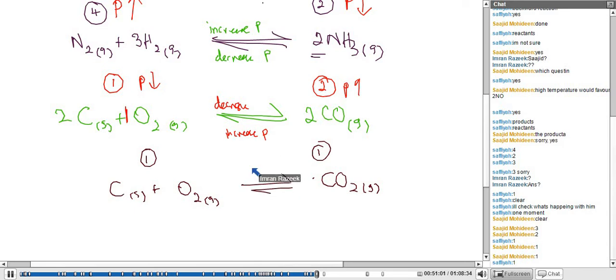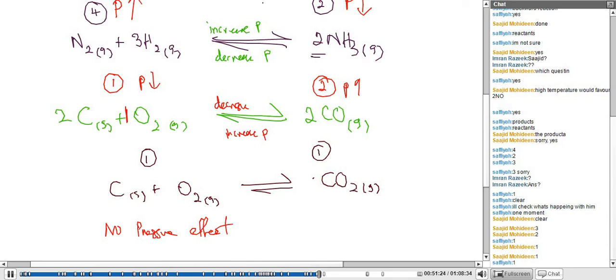That means if you increase or decrease the pressure, nothing happens. For such a question, we should write the answer as no pressure effect, because pressure can't do anything for this equilibrium. The number of gaseous molecules is the same.